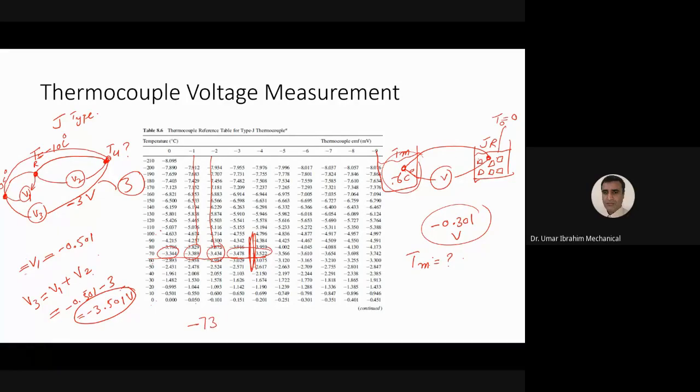So your unknown temperature T unknown will be something -73 point something based on interpolation degree C. Clear? Yes sir. Any question?